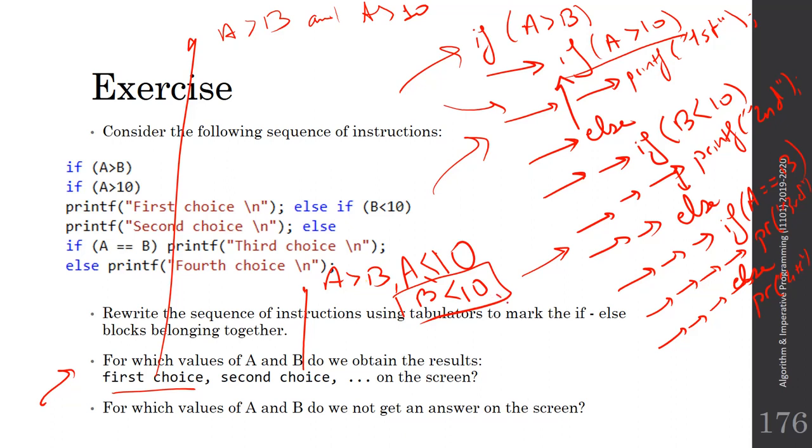So at the end we will have B is less than A and A is less or equal to 10. So if this is correct, we can print on the screen second choice.